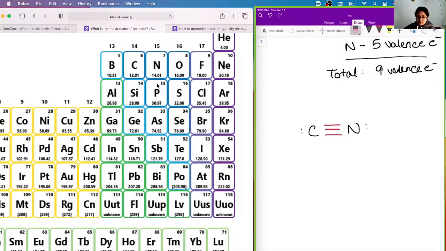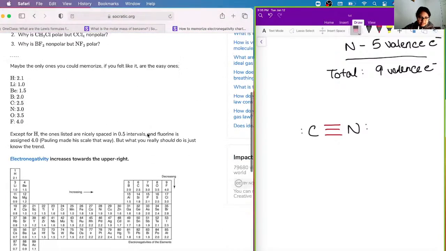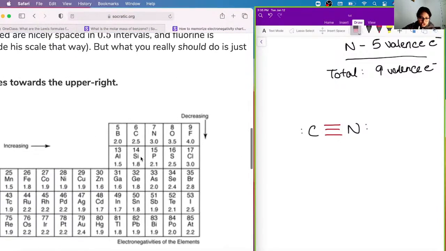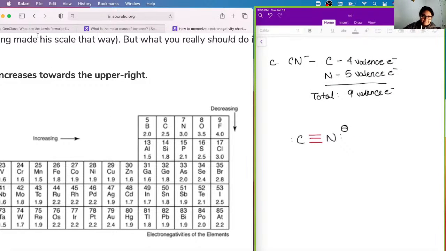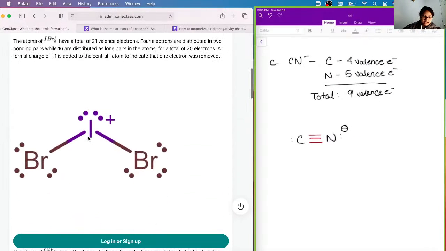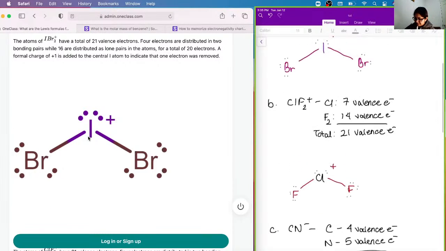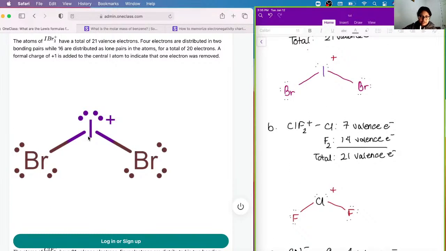And the negative will go on the most electronegative atom. So this is our electronegativity chart. You can see that nitrogen is more electronegative than carbon, so the negative would be on nitrogen, and so this is your solution.